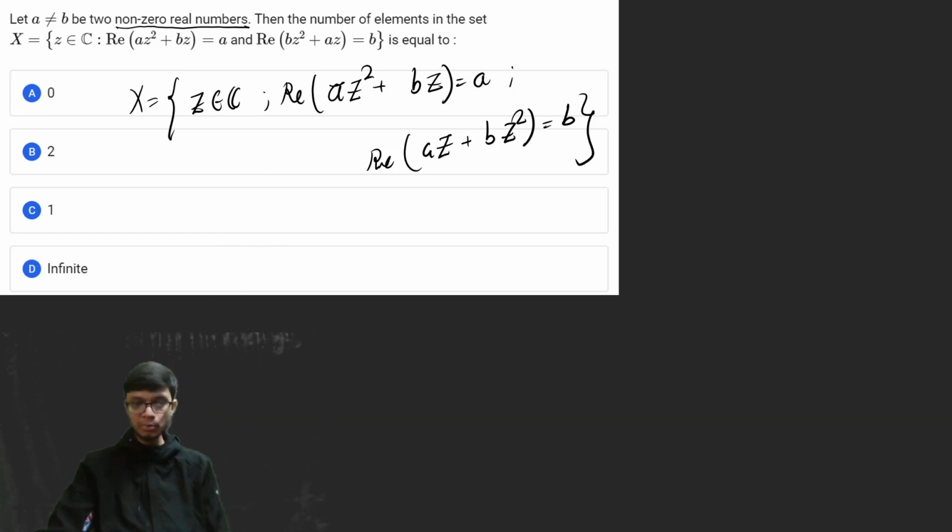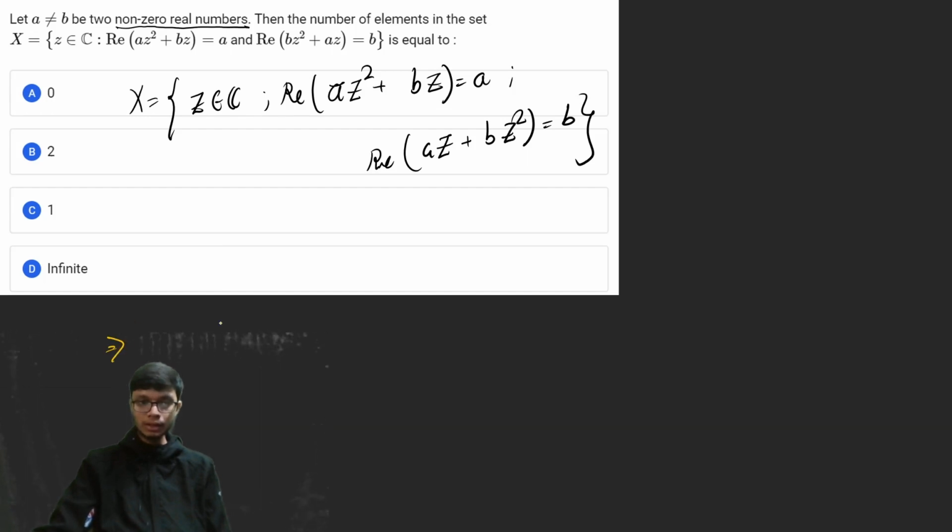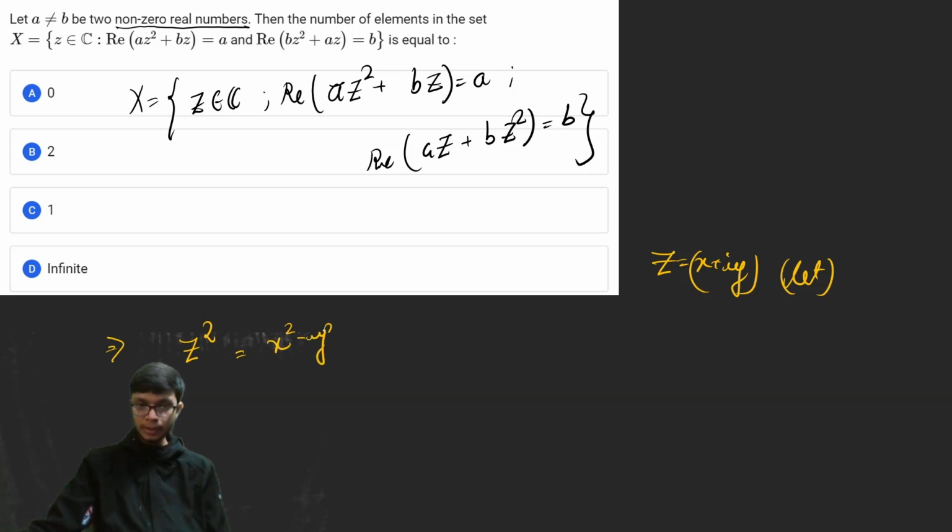If you look at these types of problems, they get repeated. So let me assume z is equal to x plus iota y. If I square it, z square will be x square minus y square plus 2 times iota xy.